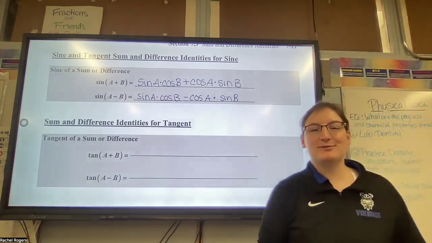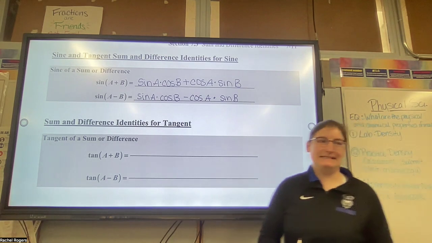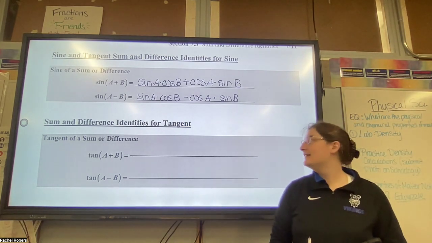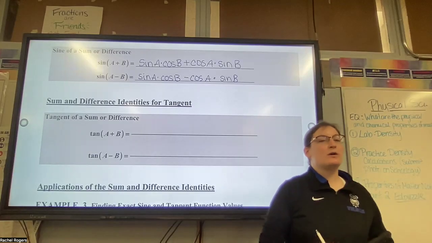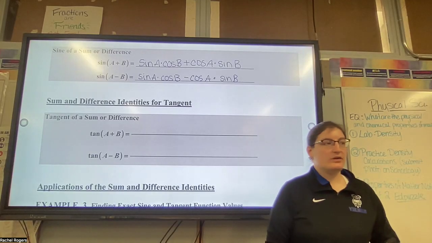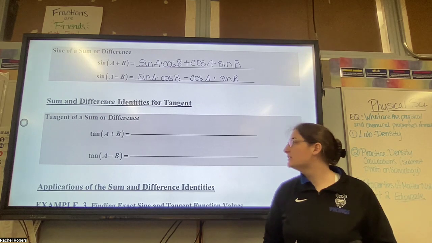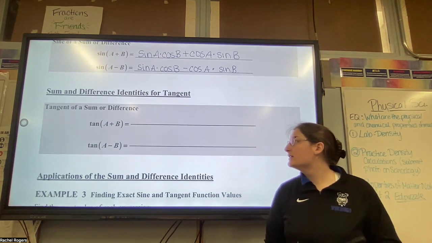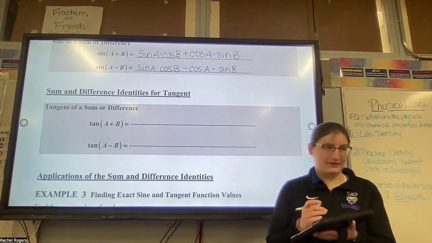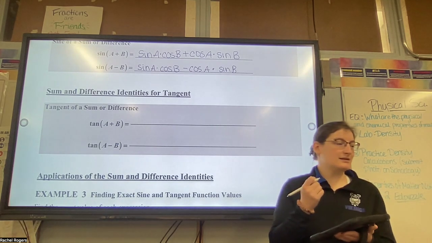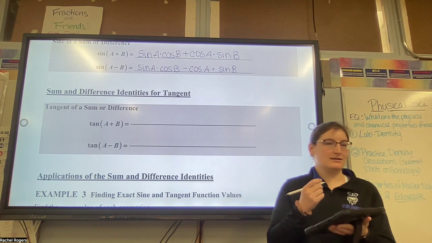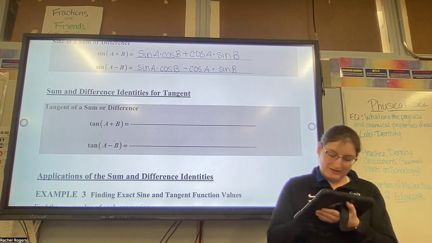And then tangent is where it gets a little fun. We'll go over where these all came from next week as well. For tangent, this one's the weird one.